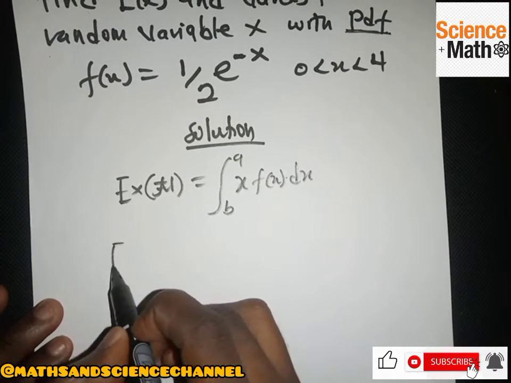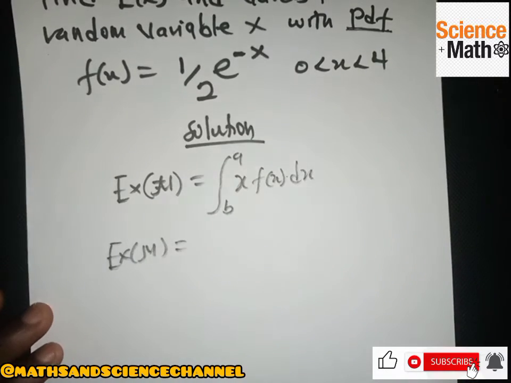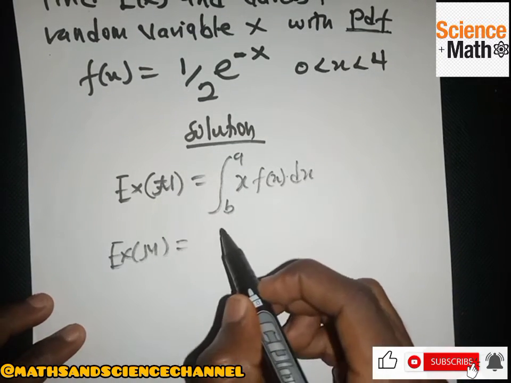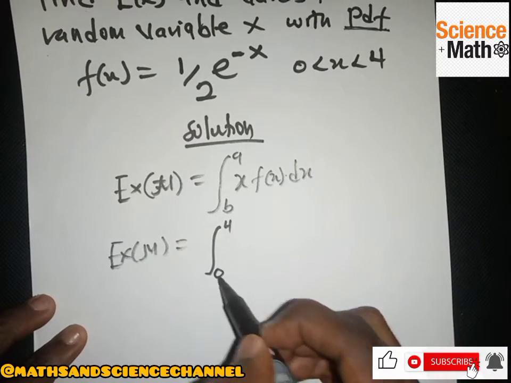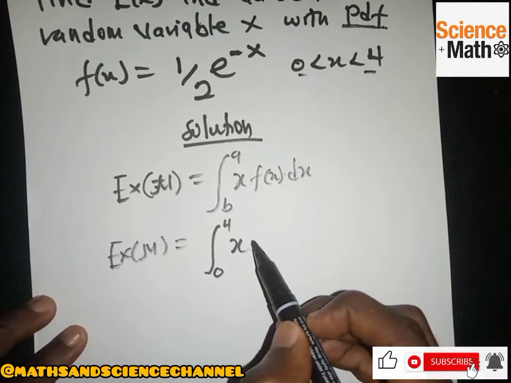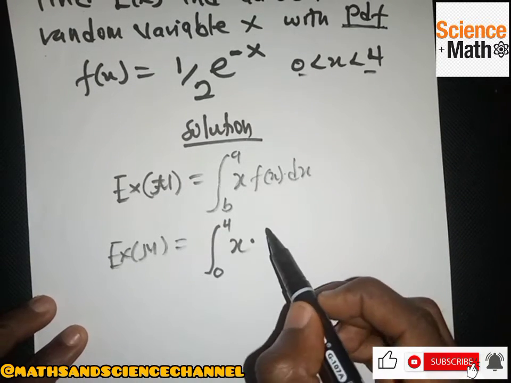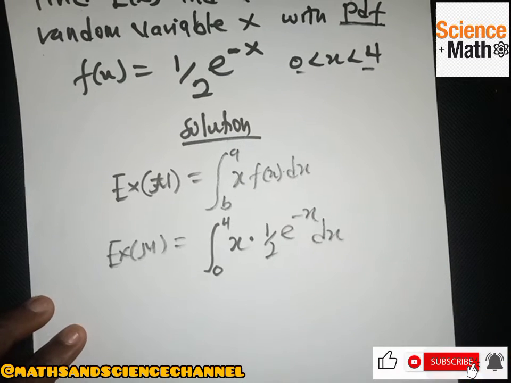So in this case E of x, mu, is equal to the integral from 0 to 4, which are the conditions here, of x multiplied by f of x, which is just 1/2 e to the minus x dx.